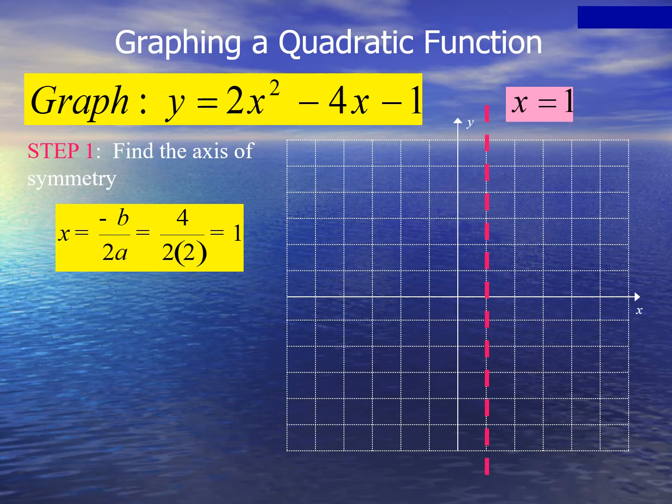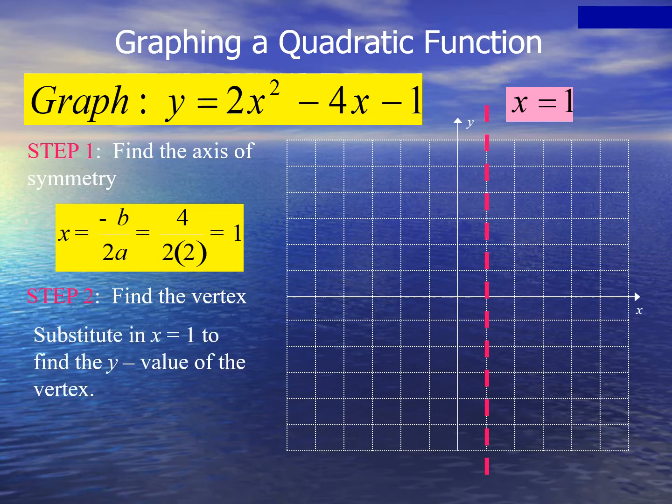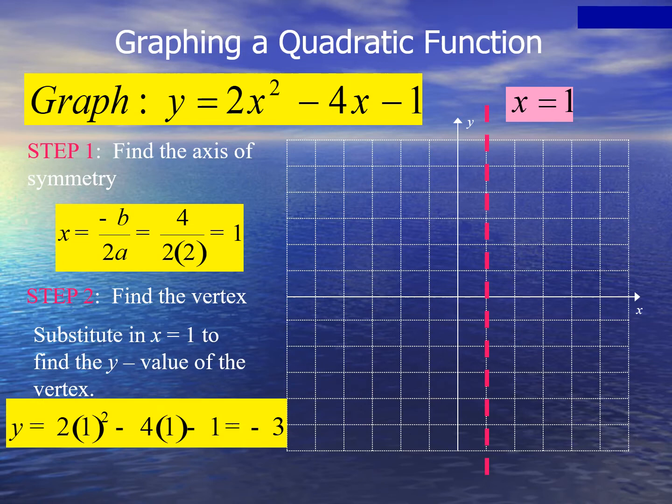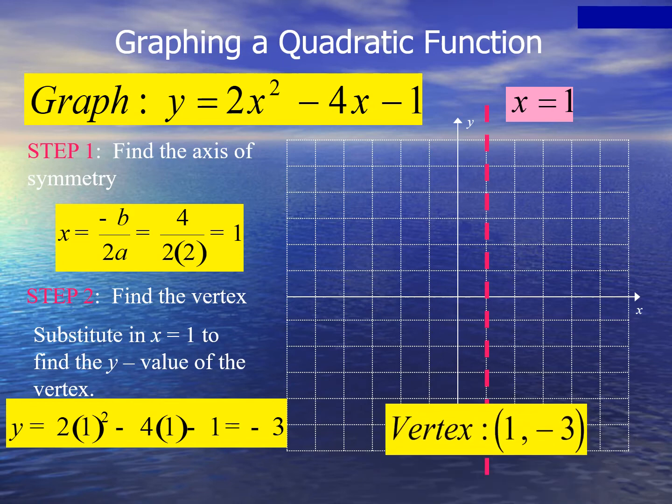From that, we substitute it into the original equation to find the vertex. Substituting 1, we get 2 times 1 squared minus 4 times 1 minus 1, which is equal to negative 3, because 2 minus 4 is negative 2, minus 1 equals negative 3. So the vertex is (1, negative 3).